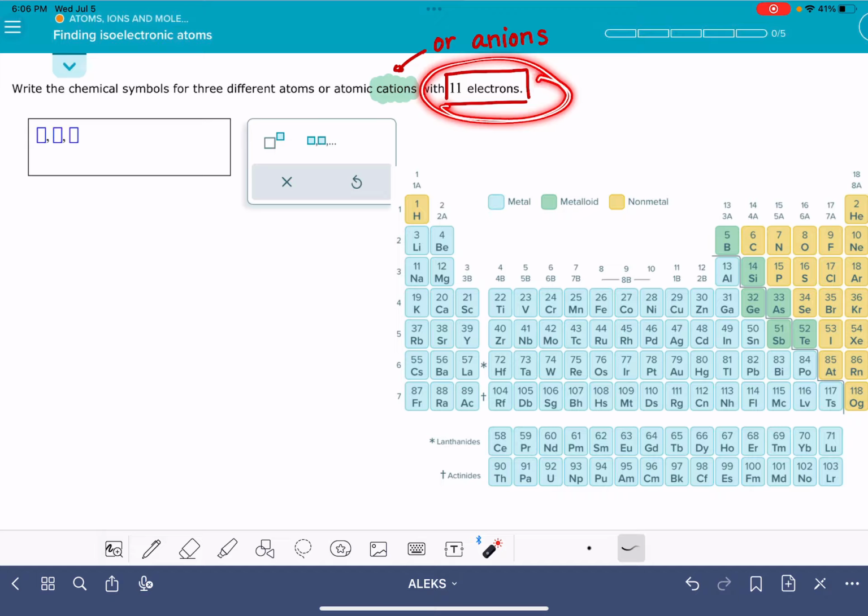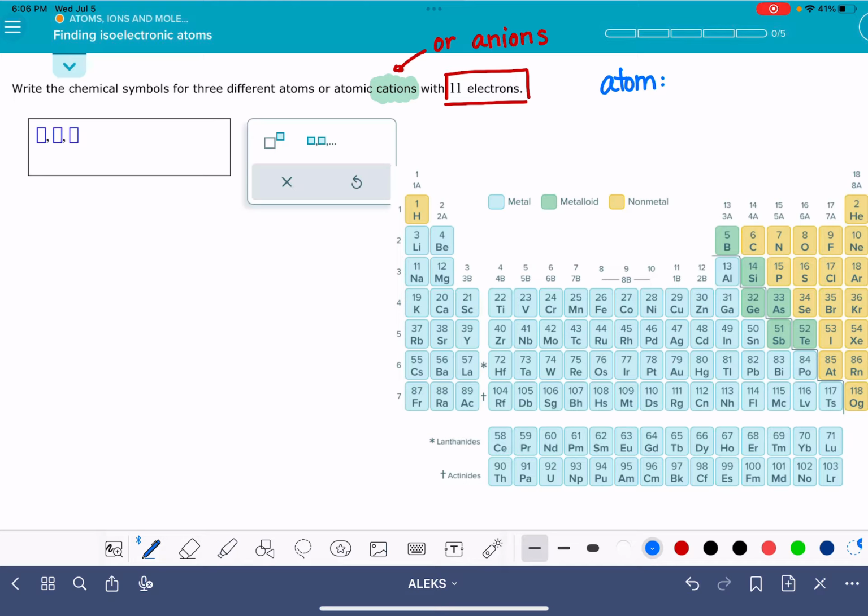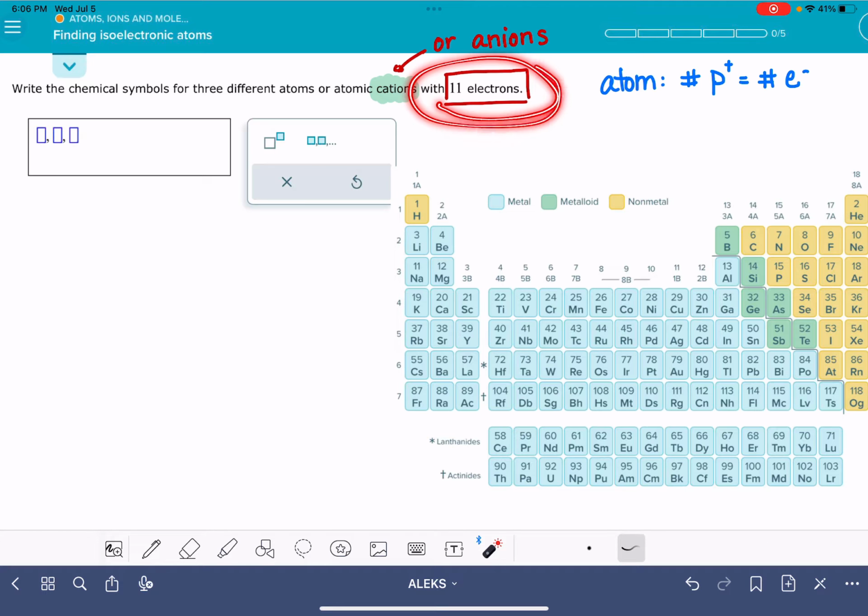One thing that we want to make a note of: for an atom, the number of protons is always equal to the number of electrons. So if we know that a substance has 11 electrons in it, its atom will also have 11 protons in it.